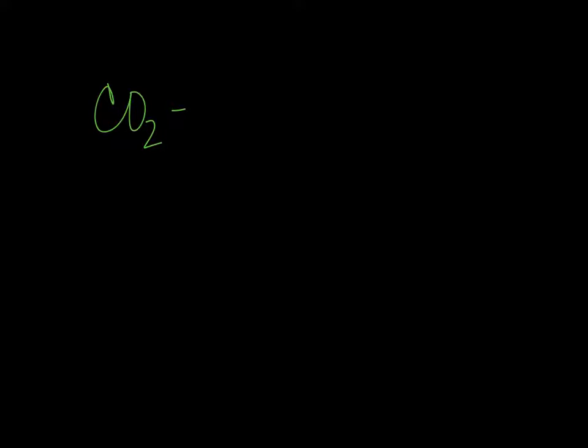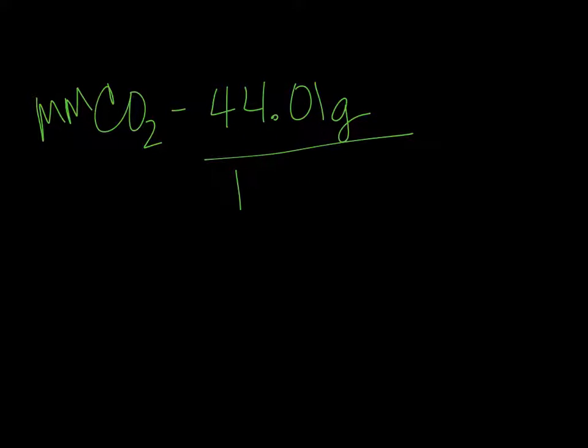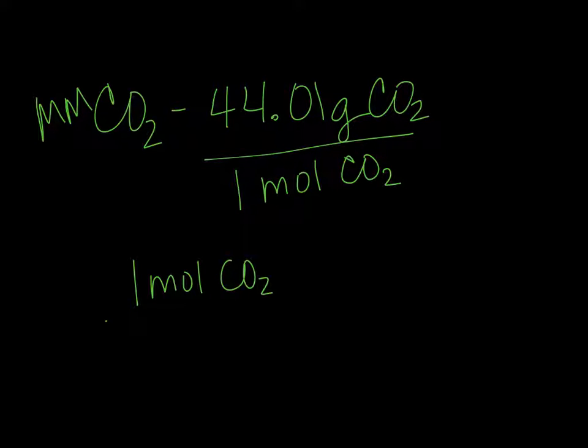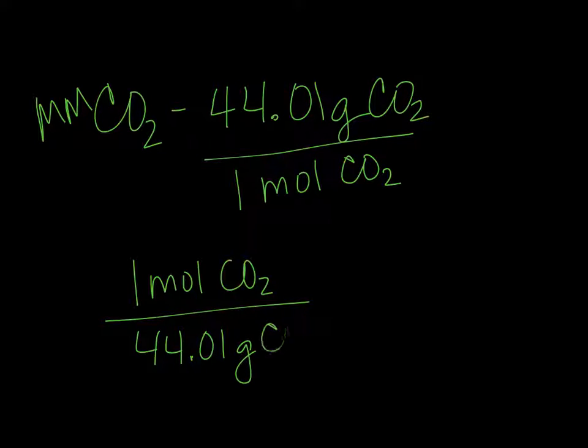So the molar mass for CO2 is 44.01 grams per mole. So we can write it like this, or we have 44.01 grams of carbon dioxide per mole of carbon dioxide, or we can write it like this: 1 mole of carbon dioxide for every 44.01 grams of carbon dioxide.